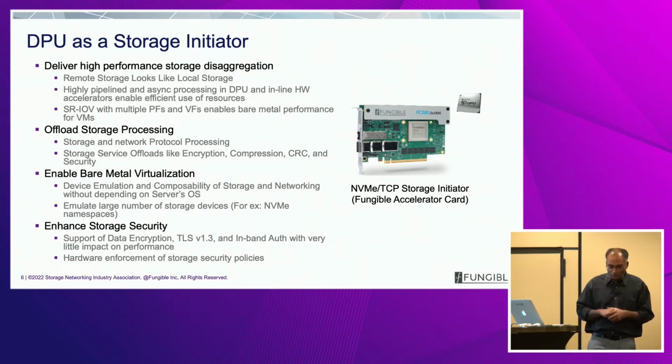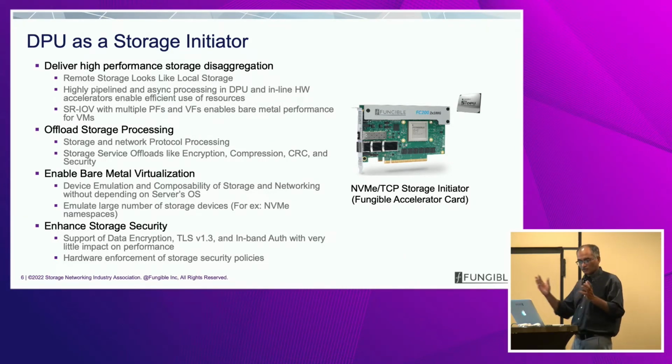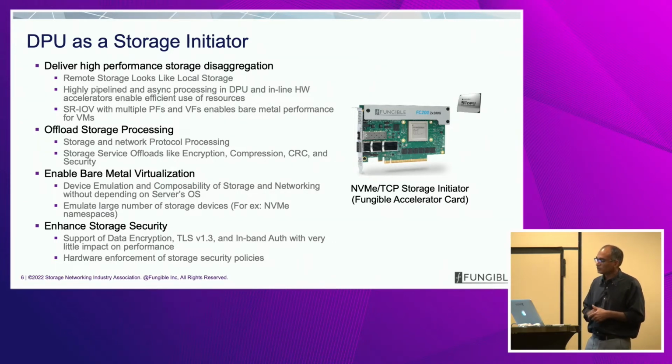What it means is today, if you want to do the pipelining on the host CPU, and if you want to go from one processing thread to another processing thread, there is an overhead, right? So how do you minimize this overhead? This is one of the innovations that we have in our DPU to minimize the overhead in dispatching the work.